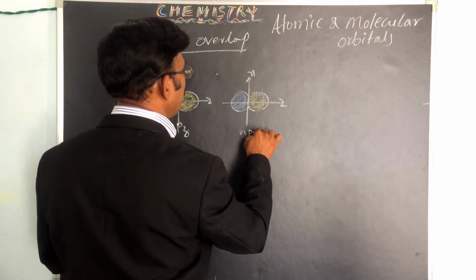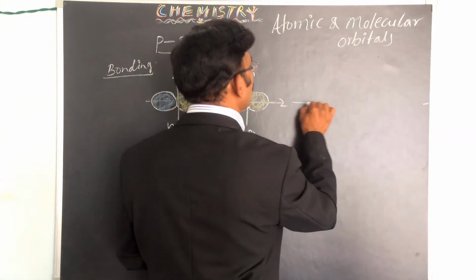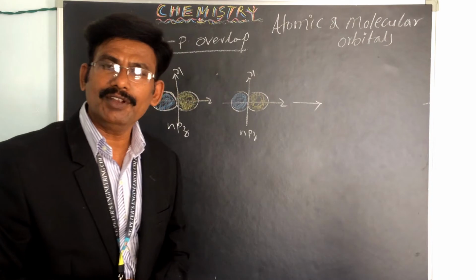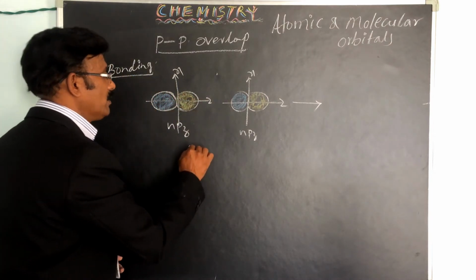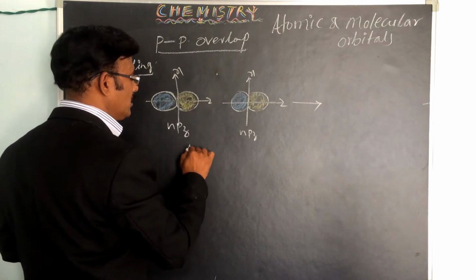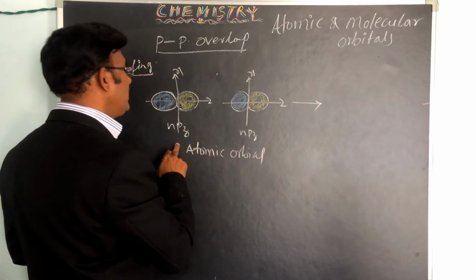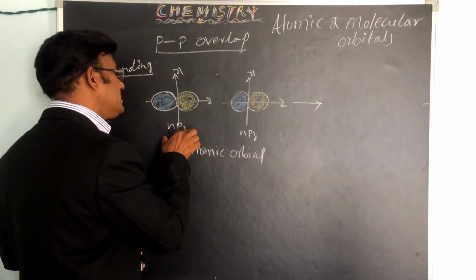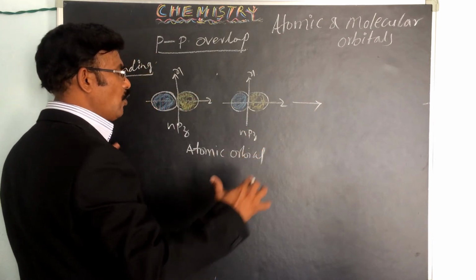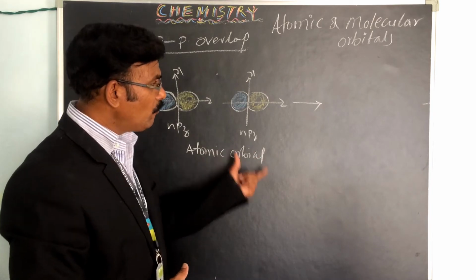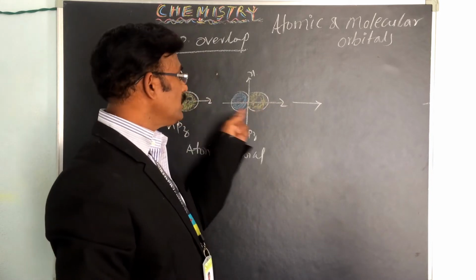So it is also npz. Now, how does the overlap form in bonding? These are atomic orbitals, atomic orbitals of the same energy, npz of one atom and npz of another atom. Overlapping each other, they form the molecular orbital. What bond is formed?